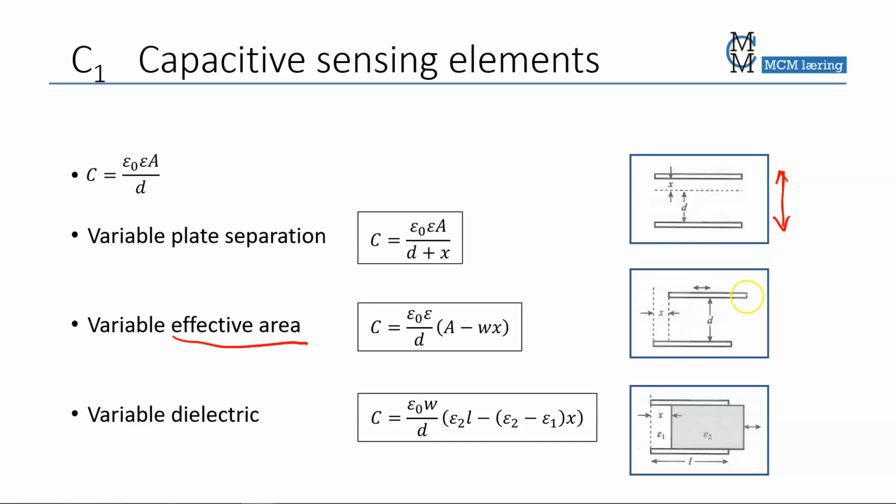So if we push this plate sideways, that would manipulate the A. And also we can manipulate the dielectric, which means the material between the plates. We can push in some material and take material away again. That would be to manipulate the dielectric, which means to manipulate the epsilon there.